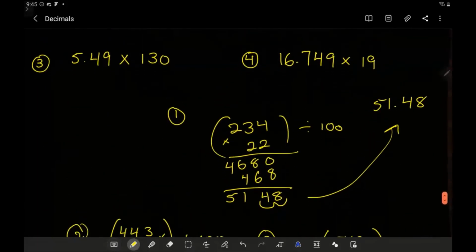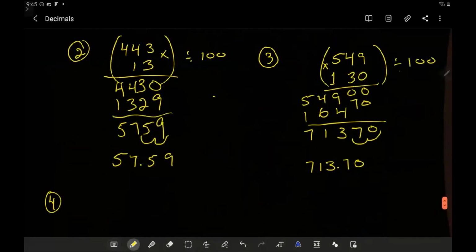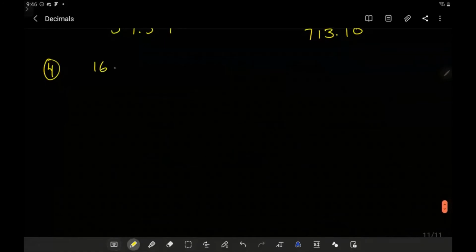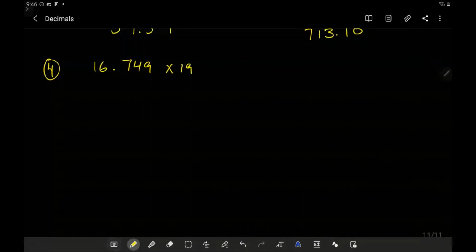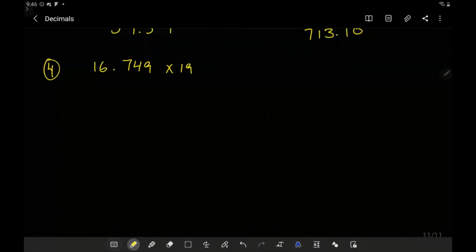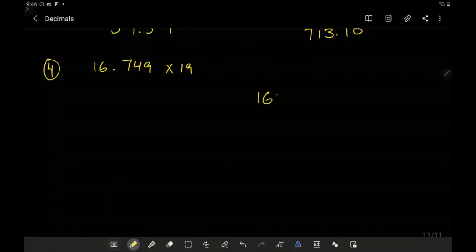Number 4: 16.749 multiplied by 19. So we have 16,749 multiplied by 19.